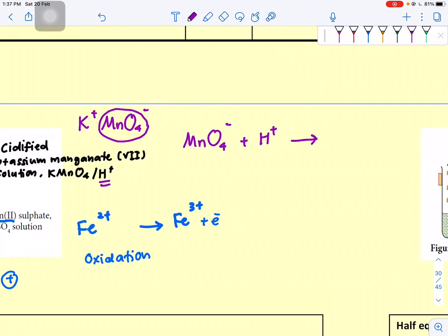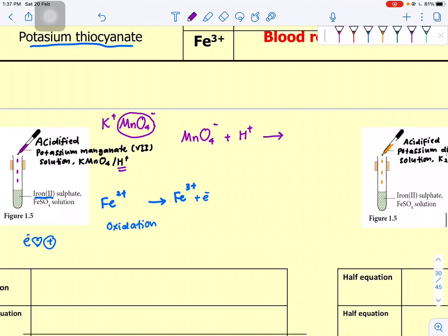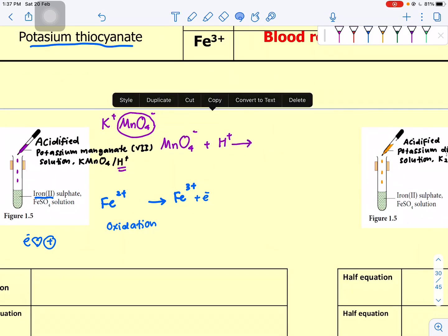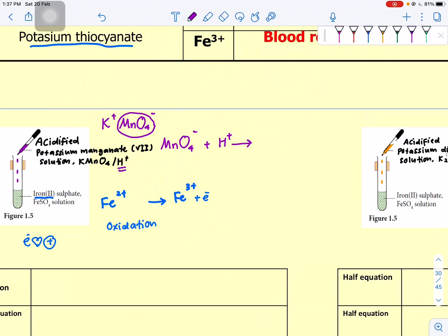The product is Mn2 plus with H2O. So you kena hafal part ni je. Siapa reactant, siapa produk. MnO4 negatif plus H plus sebab dia acidified. Produk dia adalah Mn2 plus and H2O.